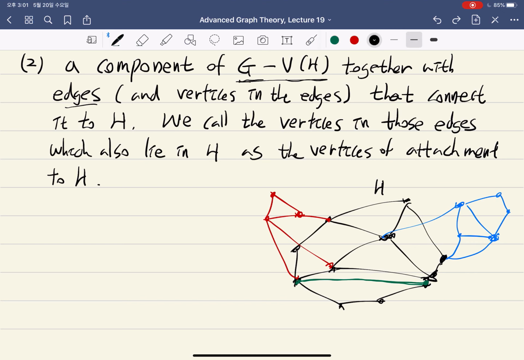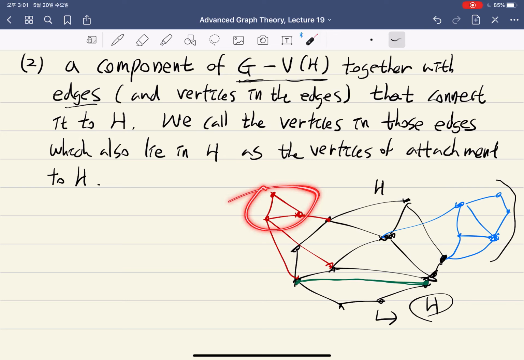So, why do we consider this? If we have this H, if you just consider this black part, this H is a plane graph. It's embedded on the plane, and there is no crossing. And if we want to embed the rest of the vertices, then what do we have to do? This part must be embedded in here.